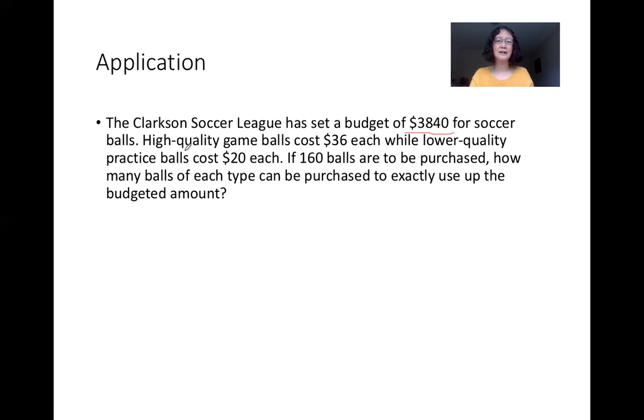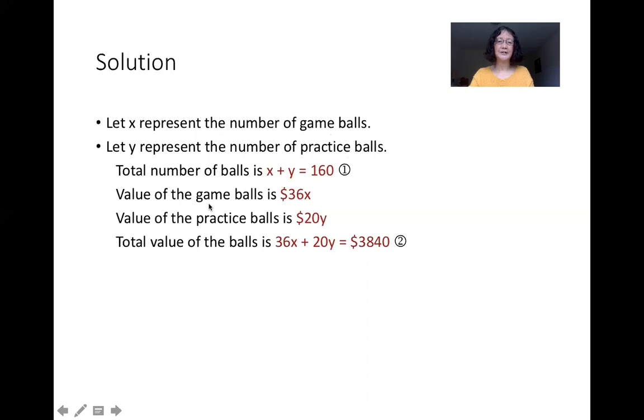High quality game balls cost $36 each, while lower quality balls cost $20 each. If 116 balls are to be purchased, how many balls of each type can be purchased to exactly use up the budget amount? Okay, so let's look at this question.